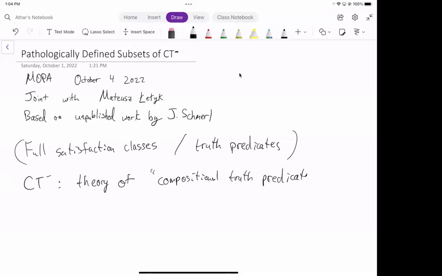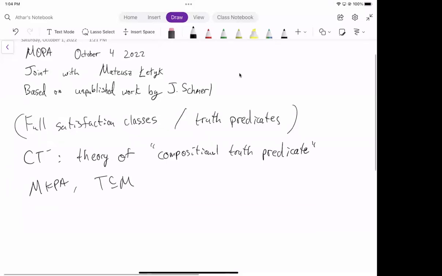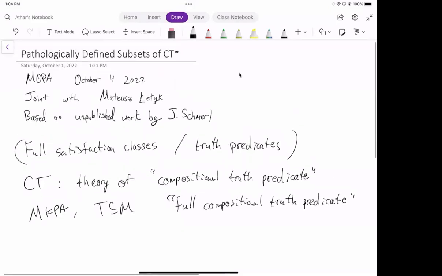So I have a model of PA and a subset of that model that is a full compositional truth predicate. Again, if you prefer to think in terms of satisfaction classes, feel free. I'm not really going to talk too much about the differences there.